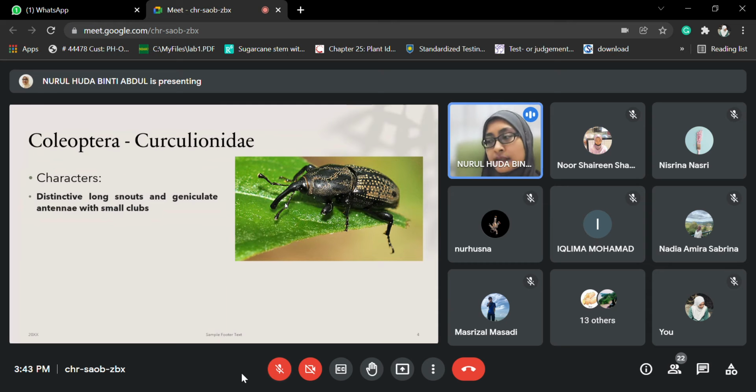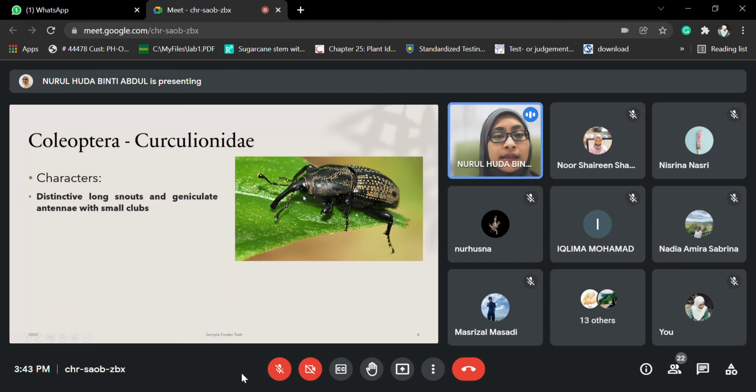Maksudnya sebahagian, there are a few segment in the first part, then there are also a few segment in the second part. Cumanya dia separate first and second tu, second part tu shape dia macam elbow, macam tangan kamu lah kan dekat siku ni. Okay, so this is how they look like.